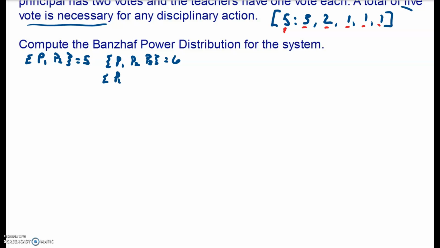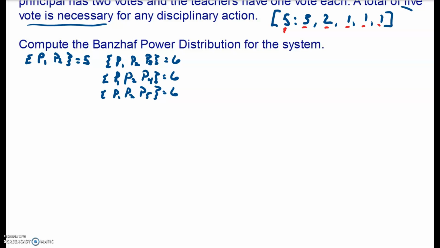In addition, player 1, player 2, and player 4 will give me a passing vote of 6. And player 1, player 2, player 5 will pass the motion with 6.